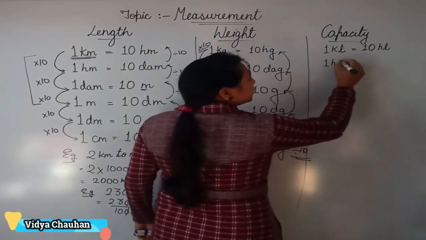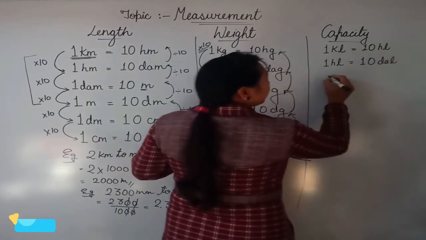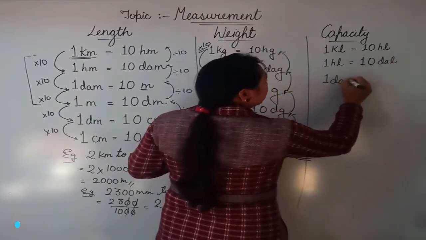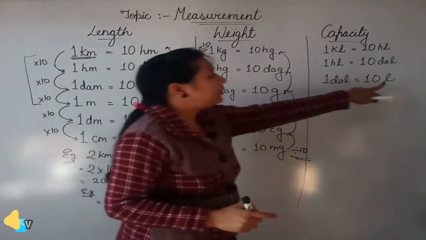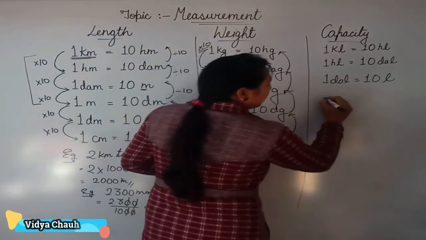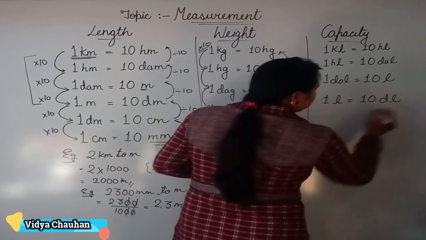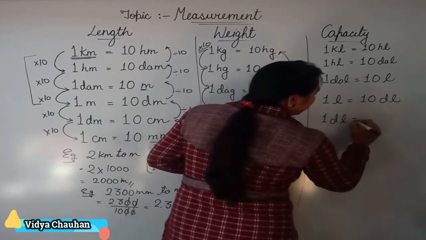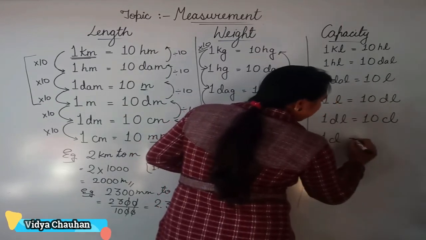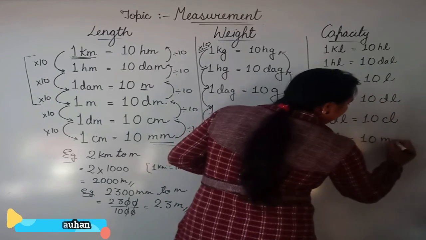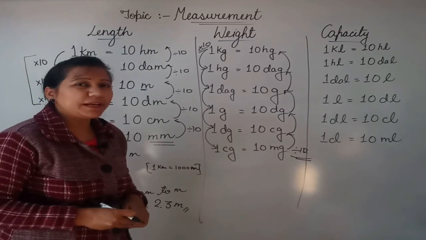Then 1 hectoliter is in turn equal to 10 decaliter. 1 decaliter is equal to 10 liters. So here it was gram, now it becomes liter. Then the next conversion, 1 liter is equal to 10 deciliter. 1 deciliter is equal to 10 centiliter and 1 centiliter is equal to 10 milliliter. So this is the conversion in terms of capacity.